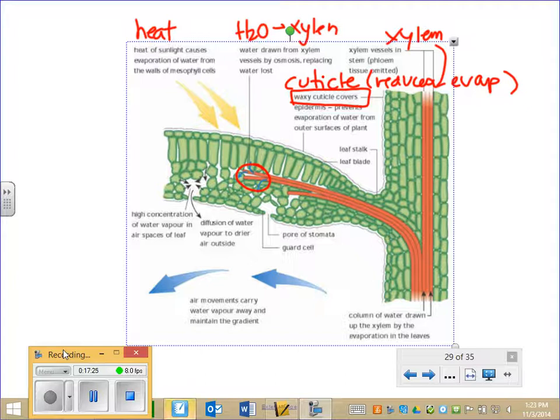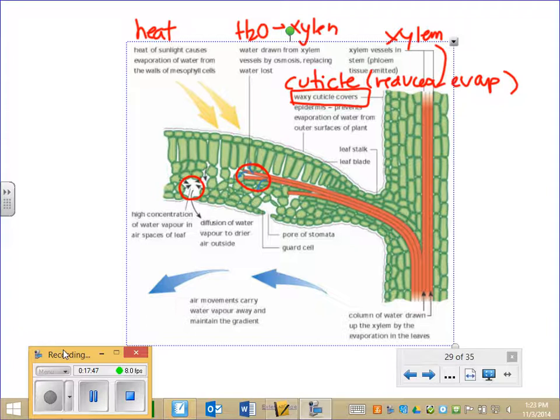And so the cuticle is not an actual cell, it's a waxy substance that's on the surface of the leaf. And if you look at a leaf that's fallen, chances are one side of the leaf is shinier than the other side. The shinier side would be the surface that's closer to the sun.